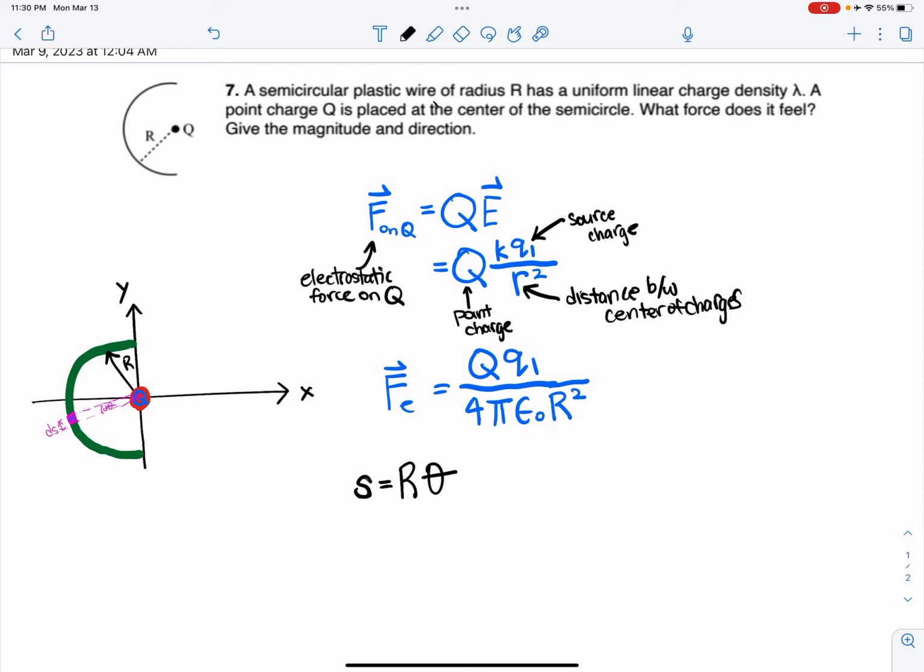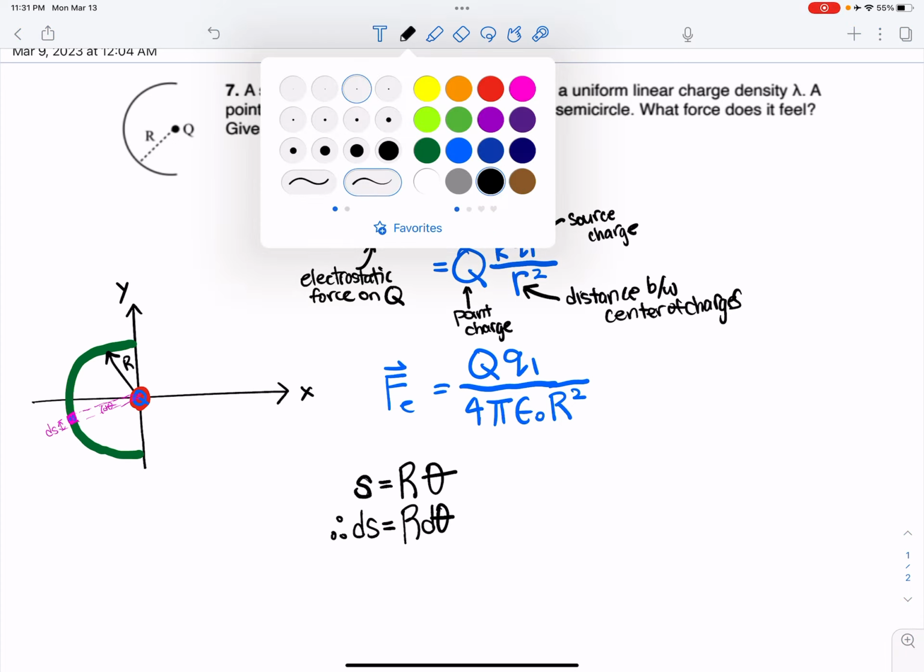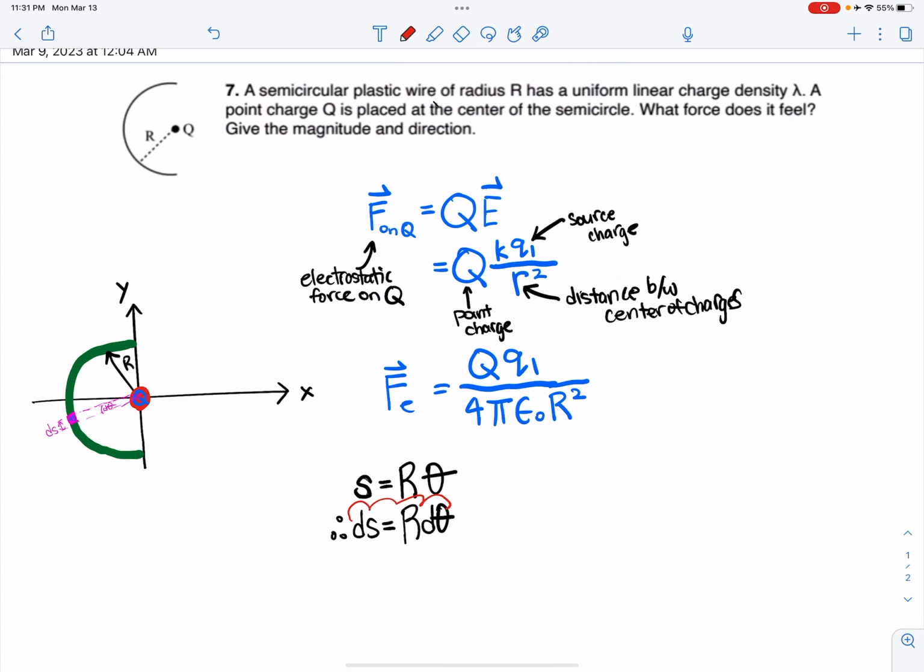Then our little segment has a length ds equal to, it's still going to be r because it has the same radius, from here to here. It's a semicircle, so it's still r. And instead of theta, now we have this little chunk d theta. All right. And I'll put a little cloud around it so I can remember that later.